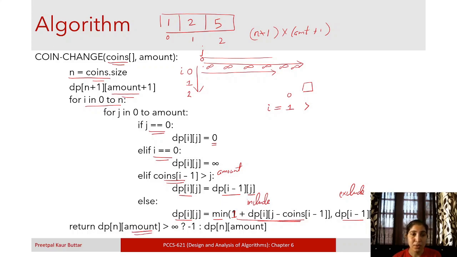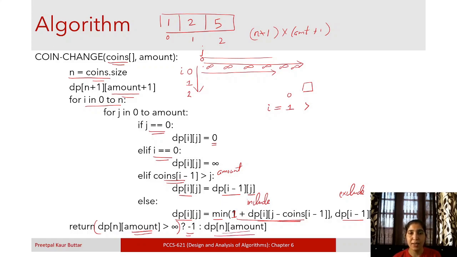So it returns this value. If this value is greater than or equal to infinity, it means we were not able to solve it using the given coins. In that case we simply return minus 1. Otherwise we return the solution.